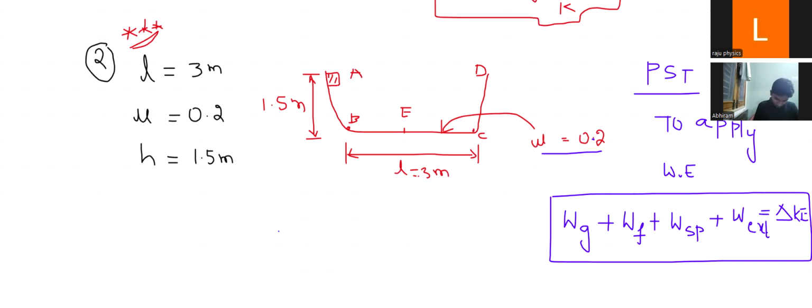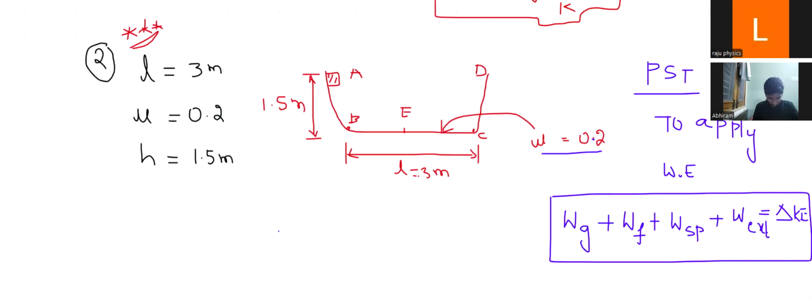To apply the work energy theorem, identify all the forces due to which work is done.